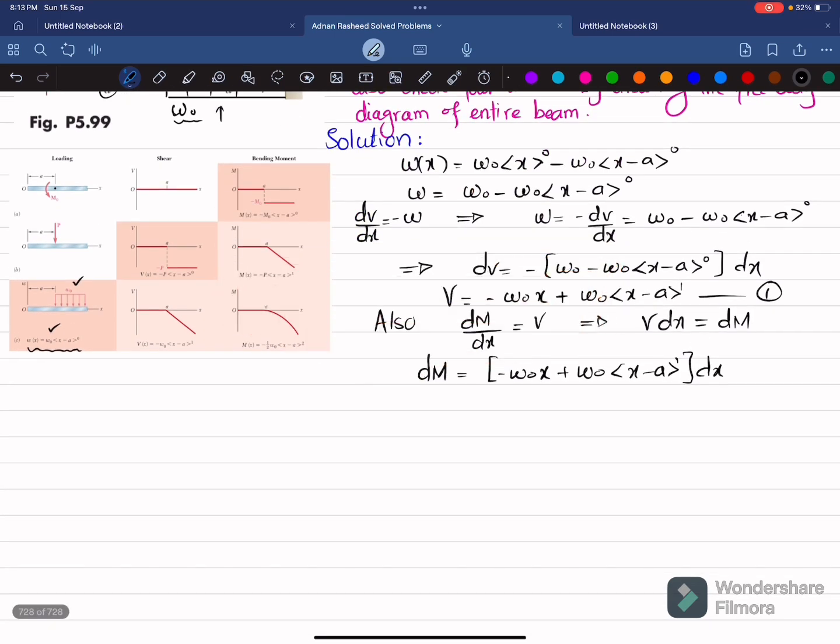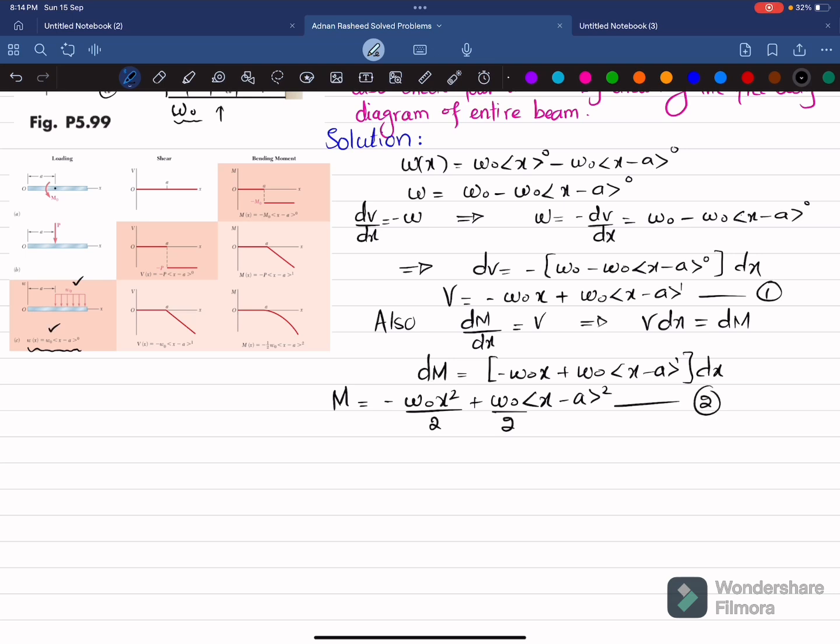If you integrate on both sides, you will get the equation of moment, that is minus W naught x square divided by 2 plus W naught into x minus a power 2 divided by 2. Clear? And this will be the equation of moment.